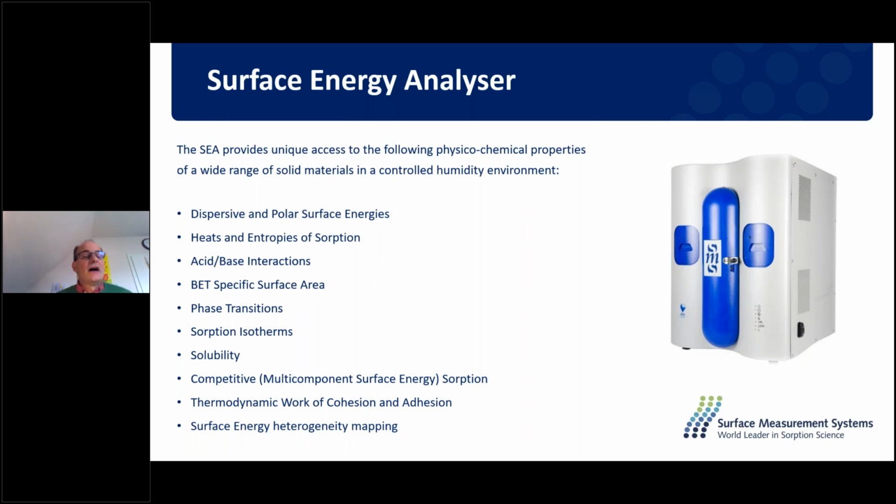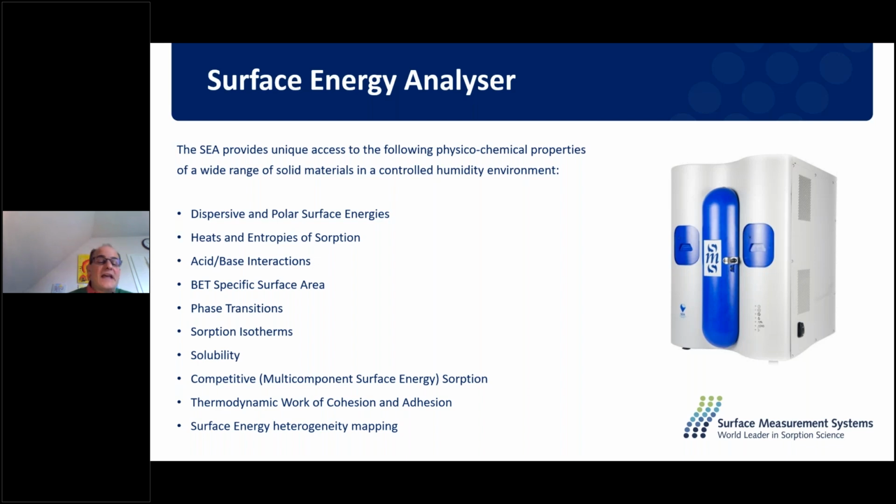And here you see the IGC. I'll just go through it shortly. With it you can measure the dispersive and polar surface energies, the heat and entropy of sorption, and acid-base sites and interactions. You can measure the BET specific surface area on multiple solid materials.